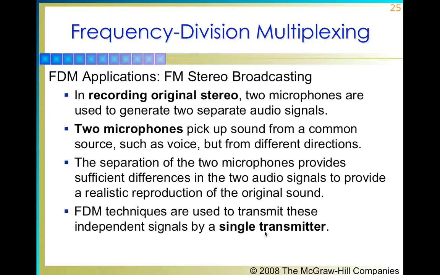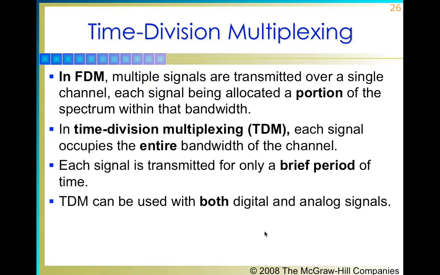It is better to have two recording microphones for a single voice to provide a realistic reproduction of the original sound, and for the purpose of sending these two voices we have to do some multiplexing, and for that we use frequency division multiplexing techniques to transmit these independent signals by a single transmitter.